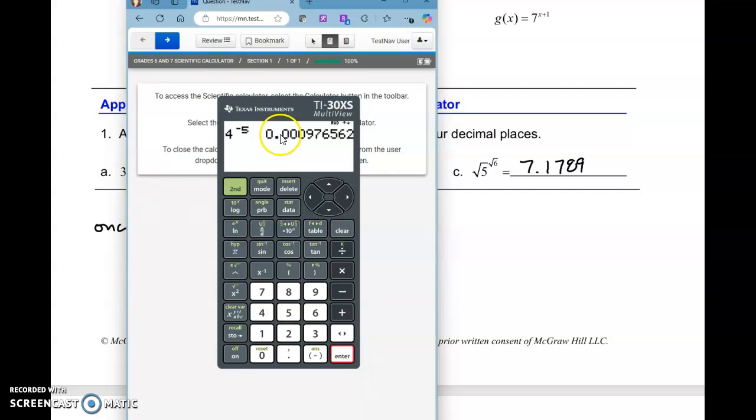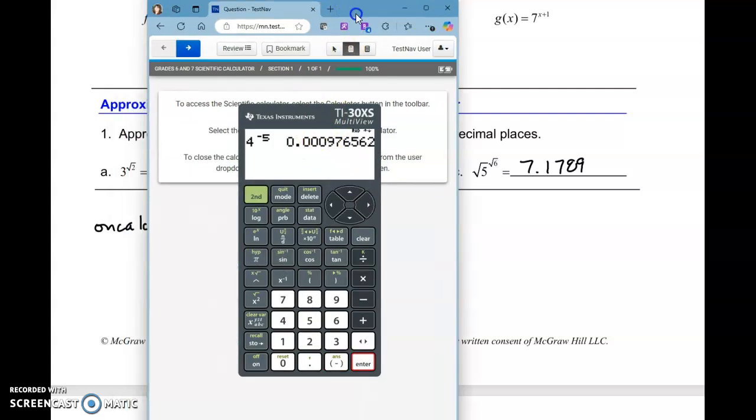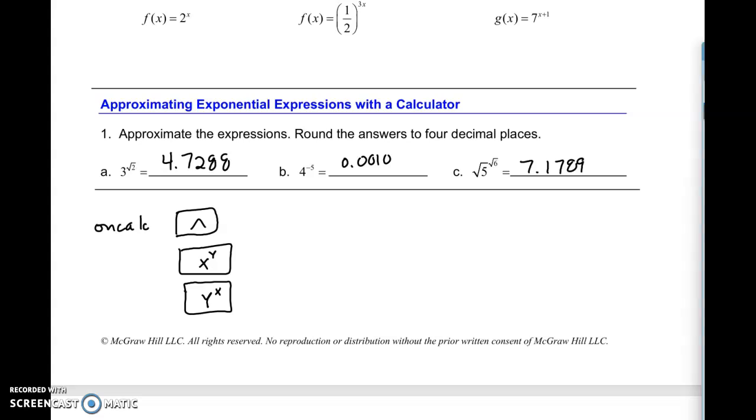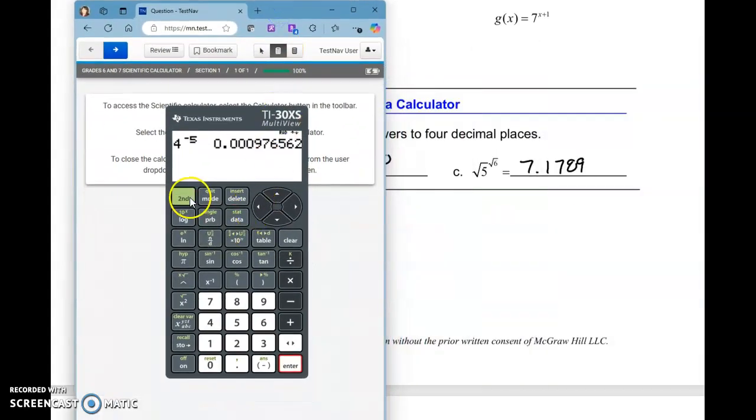Now, in order to round this to 4 decimal places, when I go here, this is the 4th decimal place. So next to it is a 7. And because that's 5 or more, I have to round this number up from 9 to 10. And that will change the digit in the next column. For the next one, 5 to the square root of 6 power.